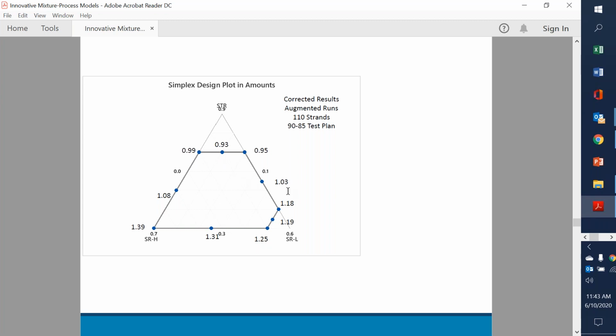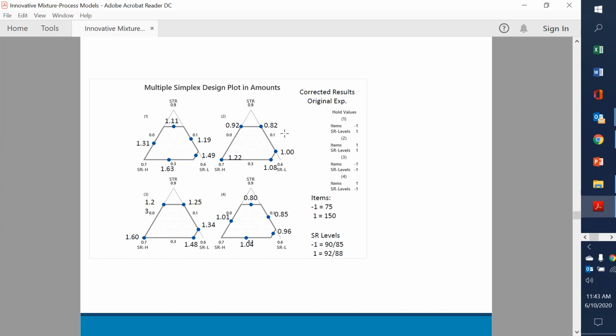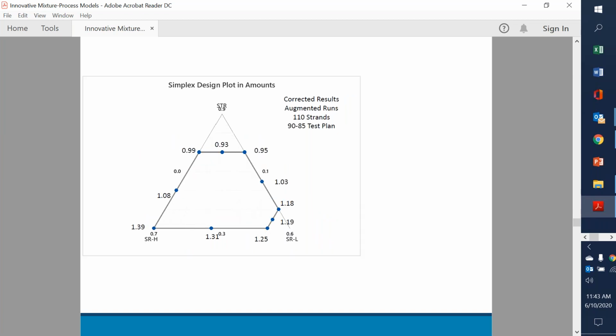Once again, we can kind of see this is where we're getting really good results. That's not inconsistent with what we saw earlier. The engineers were very comfortable with the graphical analysis, but we did need to do formal optimization, so I'm building the models in the background.